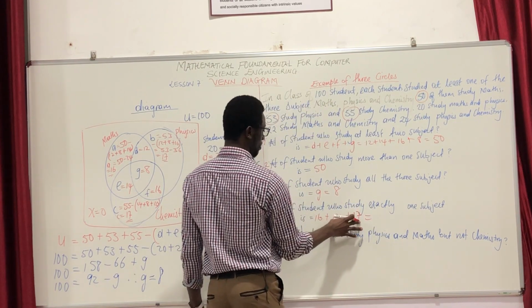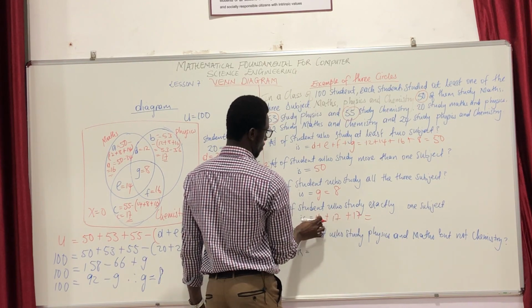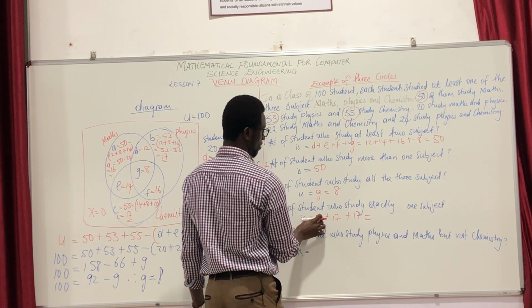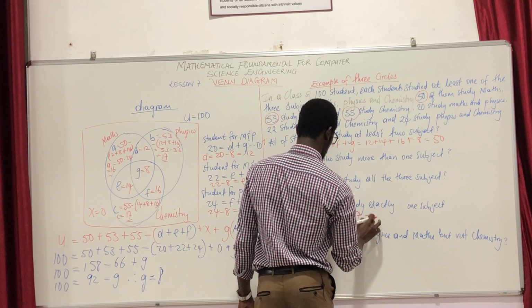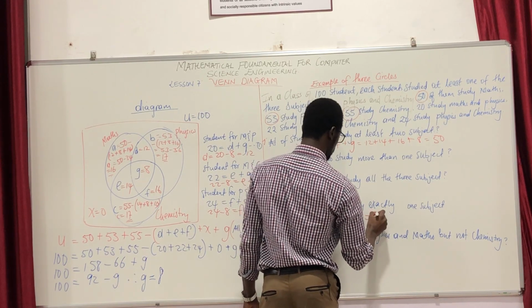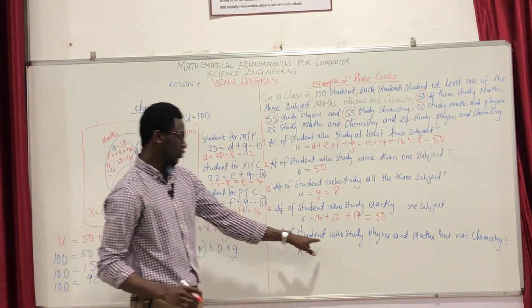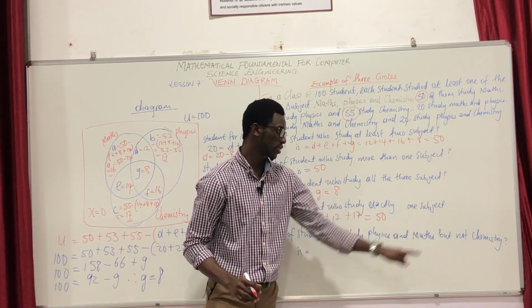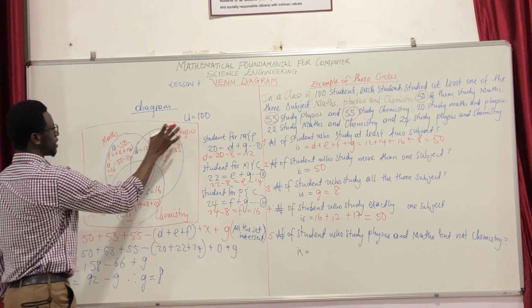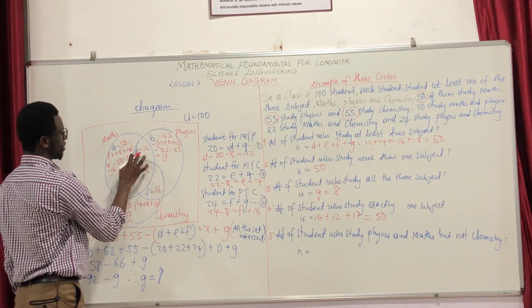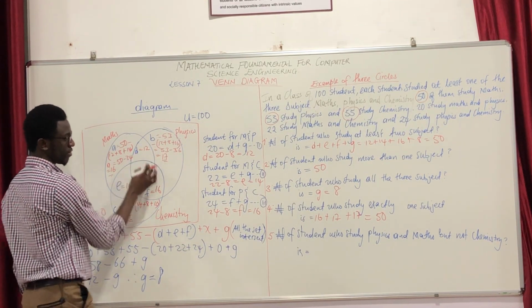So you add this 34 plus 16. This again is 50. So now the number of students who study physics and maths but not chemistry. Physics and maths but not chemistry is this region, 12.